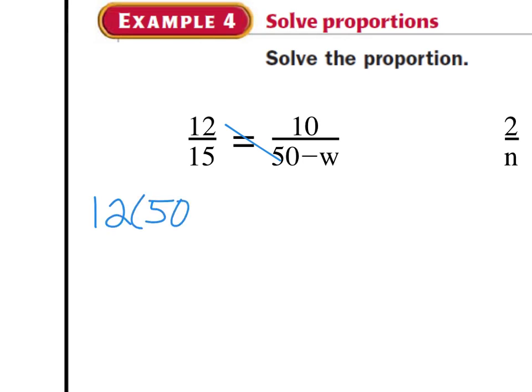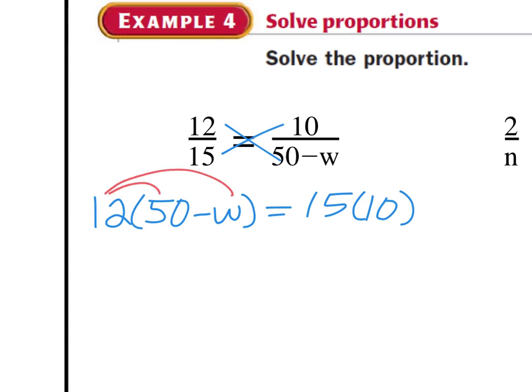The thing with the variable, always put it in parentheses so you remember to distribute. And then we're doing 15 times 10. This is a type of equation I'd like to see, and then you distribute and just solve it out.